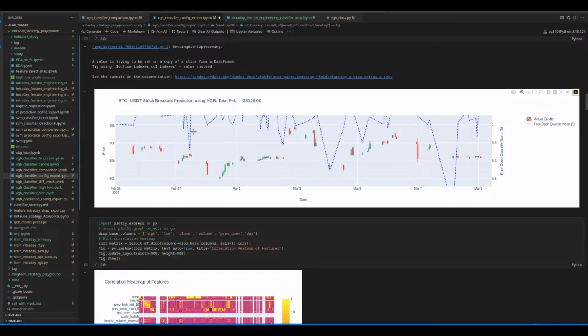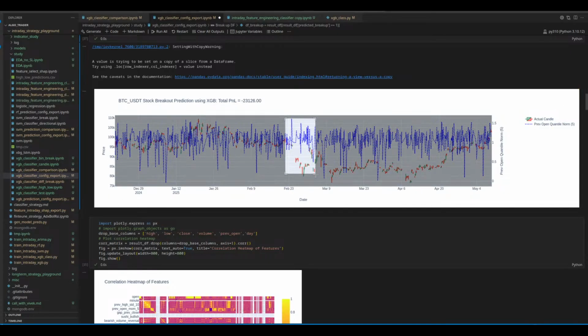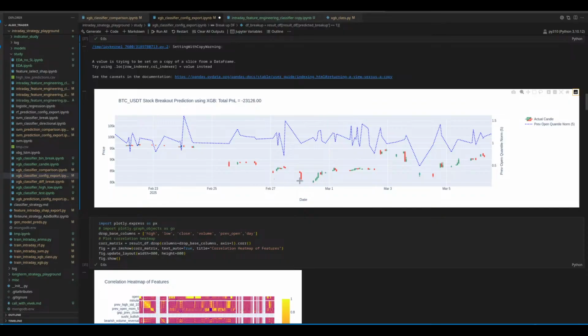Let's see over here. Is there any correlation that I can find? Okay, so green candle. When we have a red candle, it falls. This is 15. This is also 15.